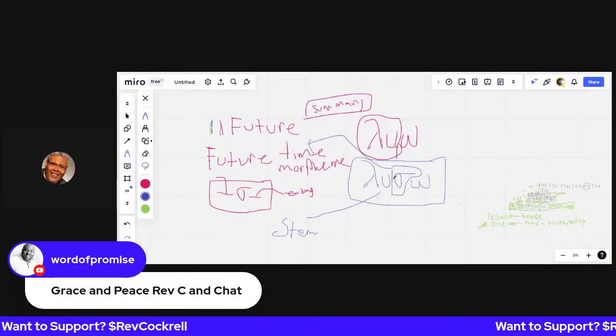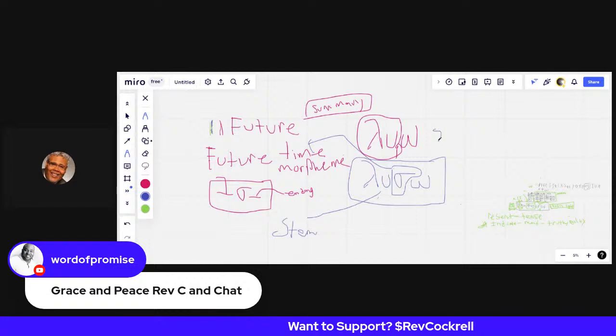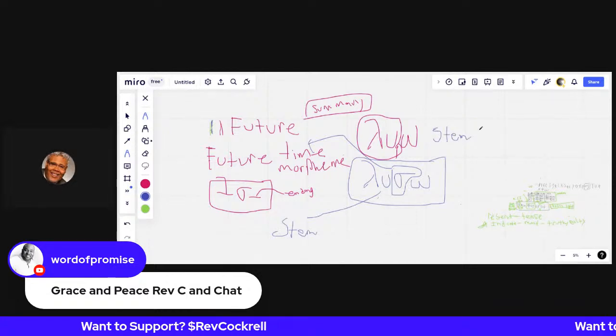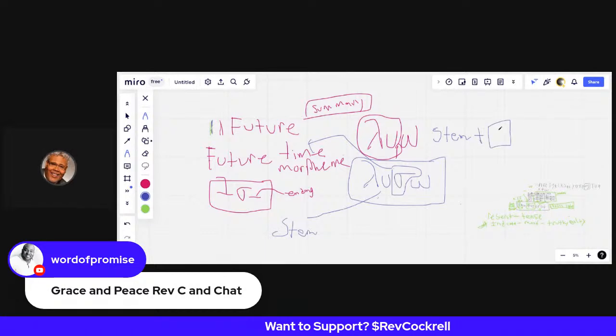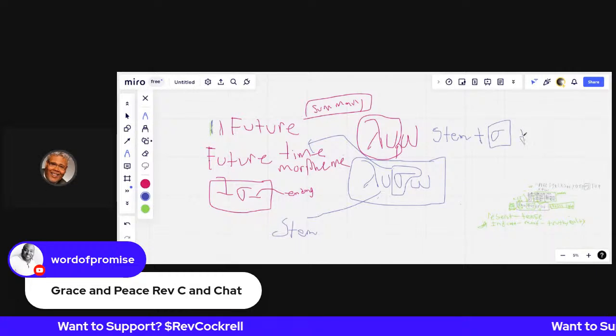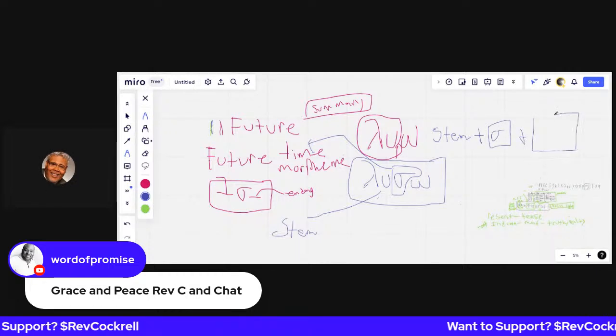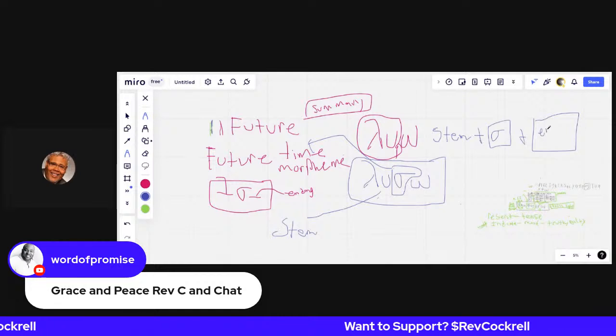So the formula is simple. Your stem plus your future time morpheme, which is a sigma, plus your endings.